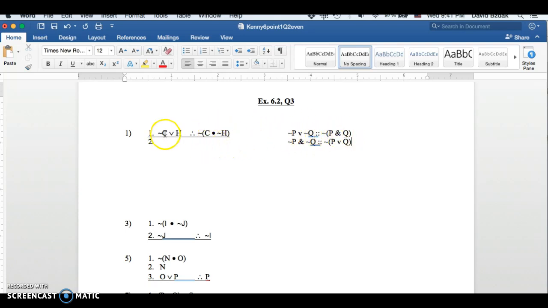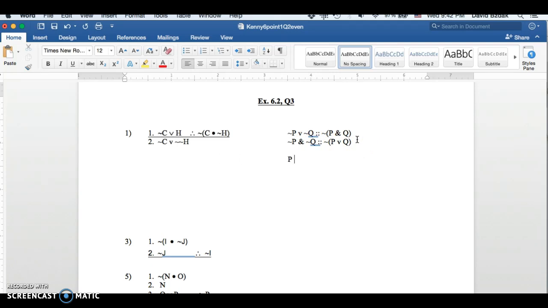So you can see this looks a bit like this, and our conclusion looks a bit like this, but the problem here is only one of these things is negated. And to do the De Morgan's, both of them have to be negated. But now we've got a quick fix for that, because we've also got a new rule called double negation. The double negation rule says for any sentence P, it's logically equivalent to that same sentence with two negations. Hopefully that's obvious, because if you have P and you add one negation, it changes the truth value.